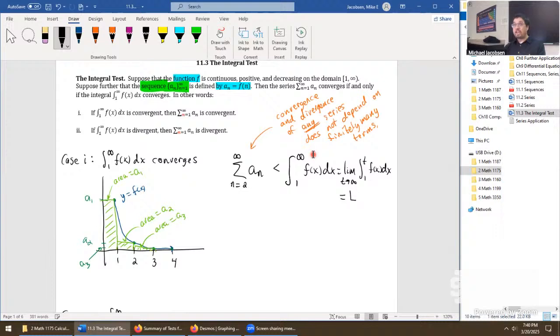But that limit equals L as a real number because we said this part converges. So the infinitely many term sum is less than some finite number. This immediately implies the summation as we go from 1 to infinity, the full series a_n, must also converge. It's all due to that estimate right here.